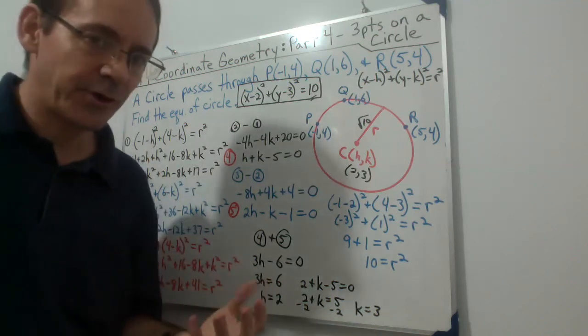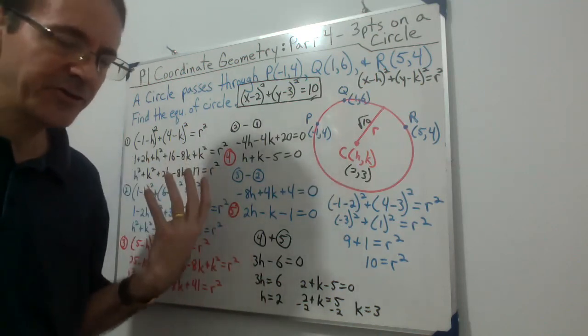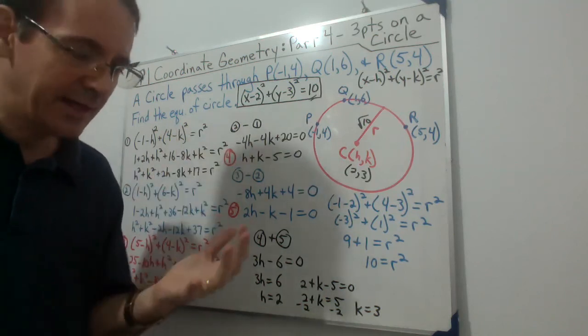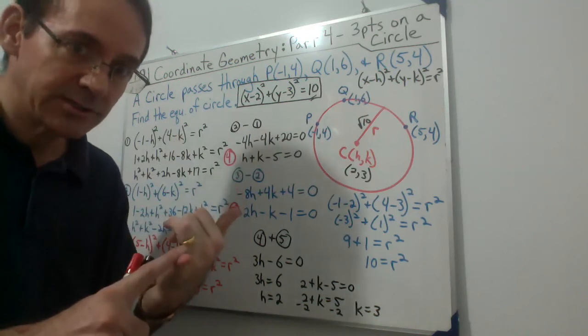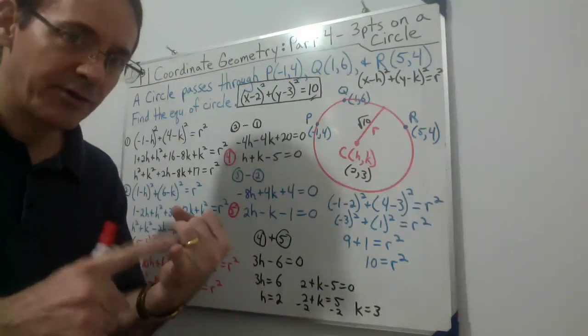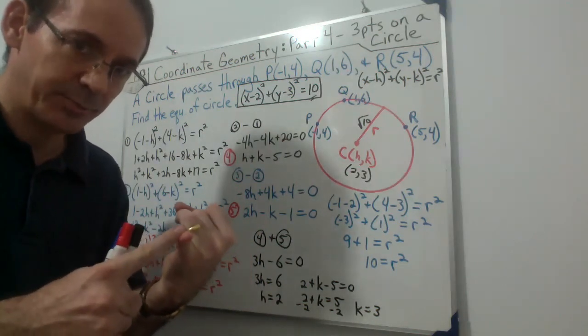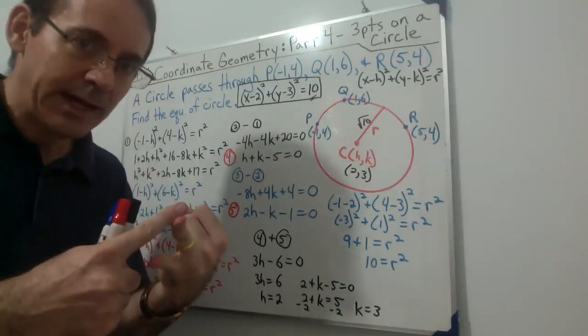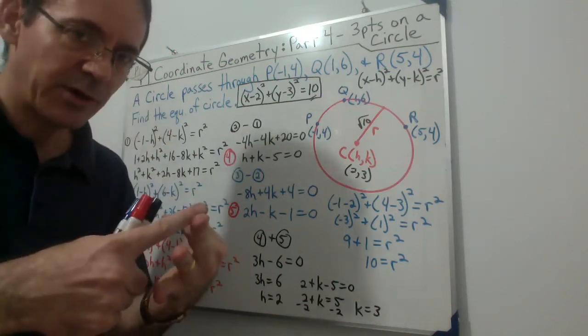Like I said before, I actually like the first method. You do have to remember different things like chords and how from the center to the chord is perpendicular if it's the midpoint of the chord. Perpendicular bisector, distance formula.